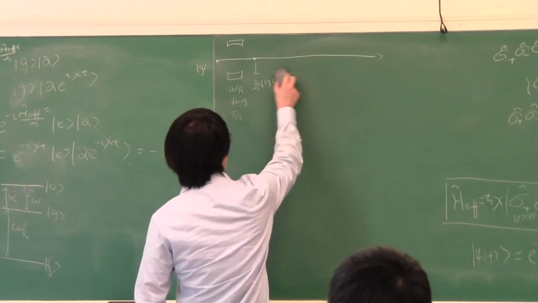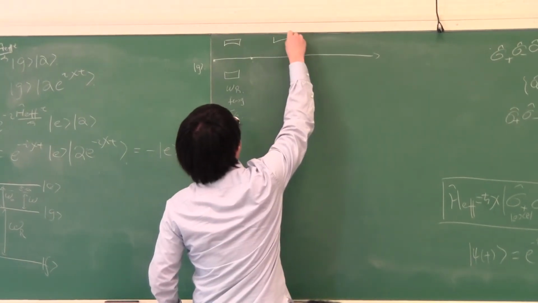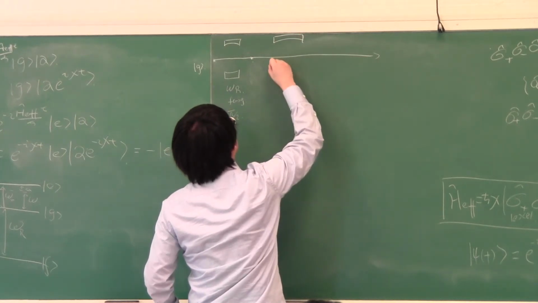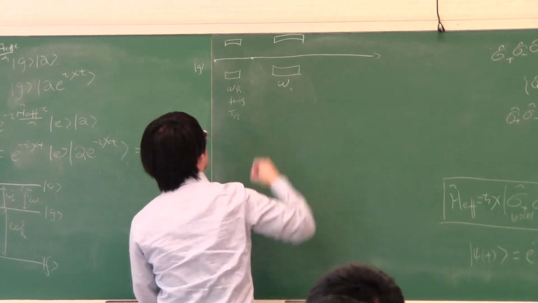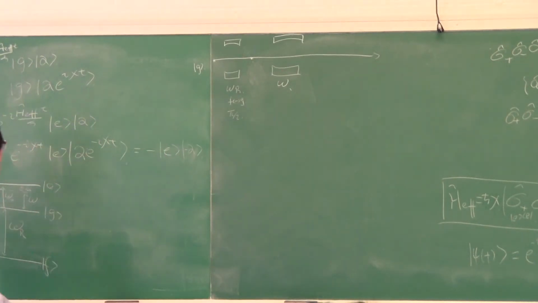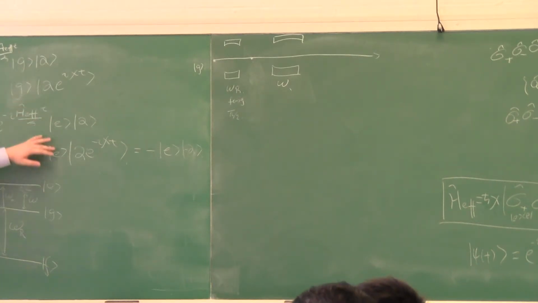So the second cavity that it experiences is some off-resonance cavity with omega, and the coupling is such that it couples the ground state and the excited state dispersively. But really only the ground state matters now because the excited state was not populated. And you see that even for the case of a coherent state, there's no transition.